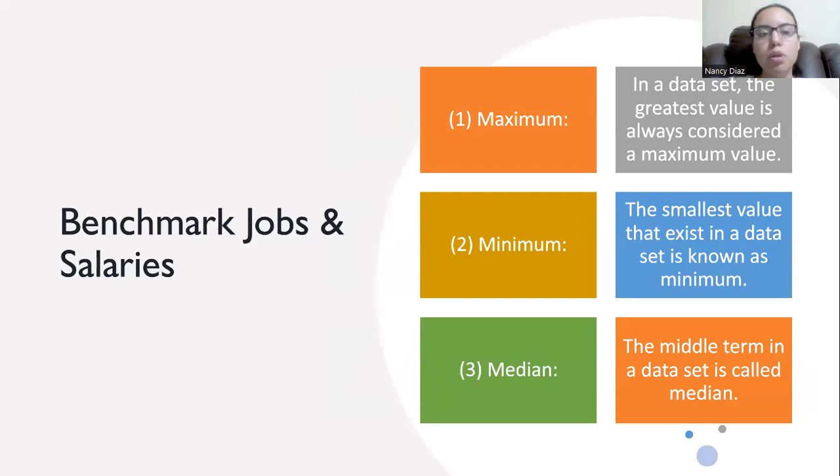We also learned a little bit about the salaries: what the maximum is, what the minimum is, and the median. The maximum pretty much refers to the largest number in the data set. The minimum was the minimum salary found in the data set or in the information gathered.